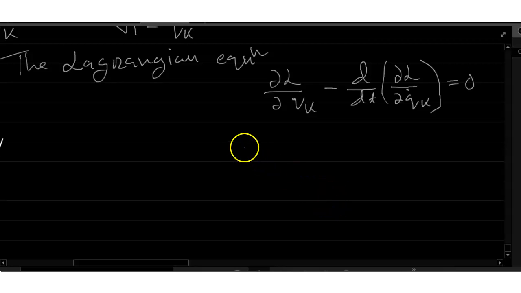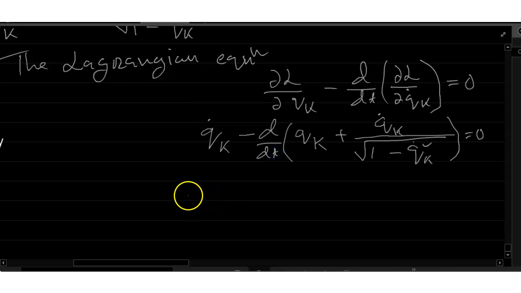So friends, we get d/dt of q̇_k equals 0.